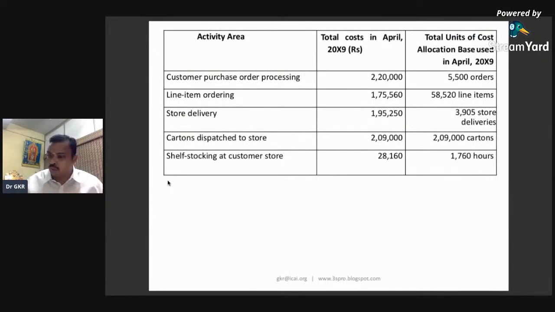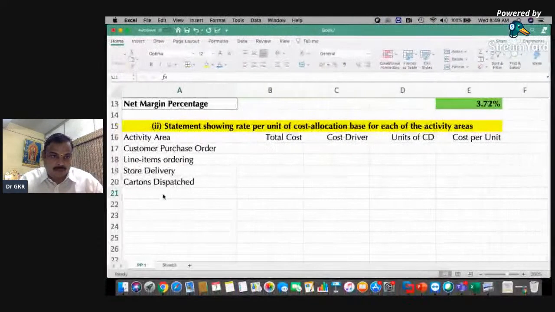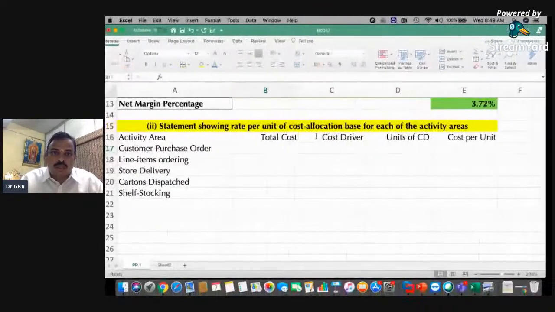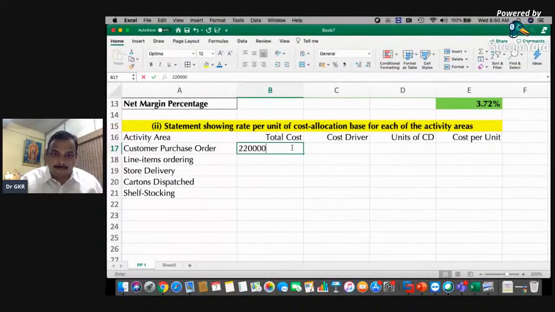Self-stocking at customer store. Good. So what is your total cost, guys? 2,20,000. Okay. Then you have 1,75,560.